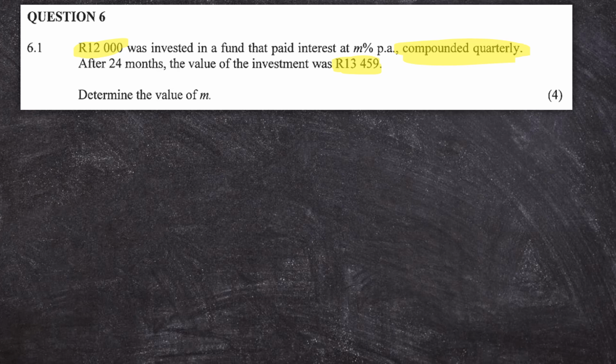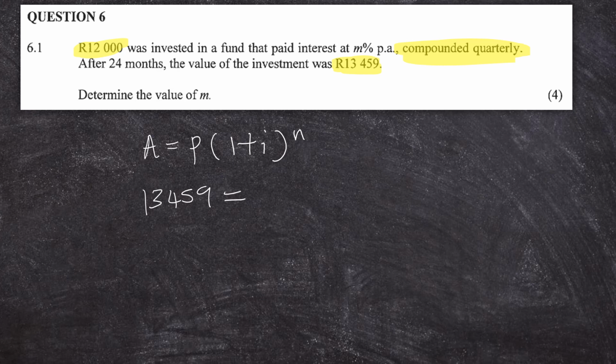Okay, so we do know that this is compound interest, as the money is gaining interest that is compounded. So the formula for compound interest, that's it, where A stands for the accumulated amount after the investment. So the amount reached 13,459.